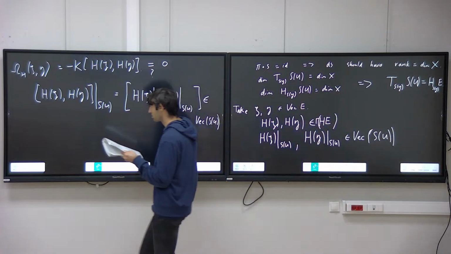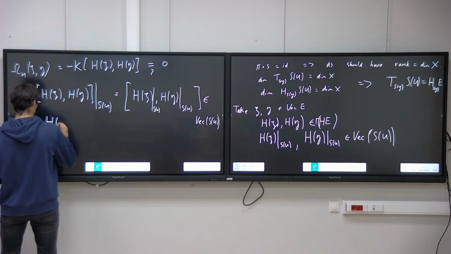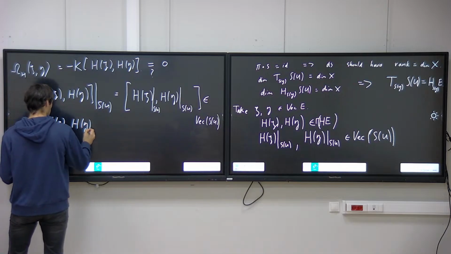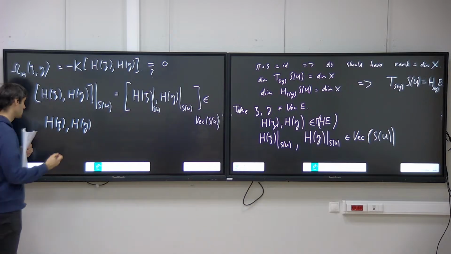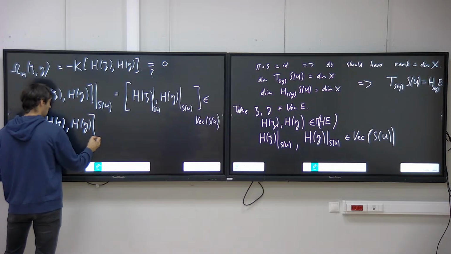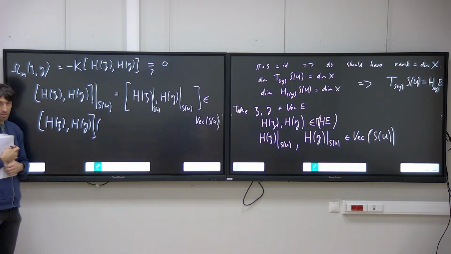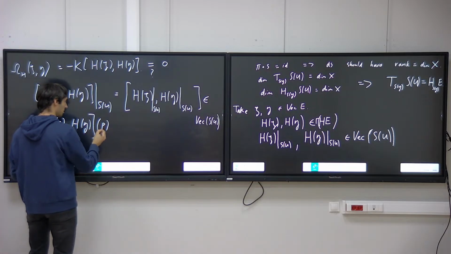This basically says that h of psi, I commute with h of eta, so I restrict it to S of u. So basically, I can evaluate it now at a point which is in S of u, which is my point P, for example.